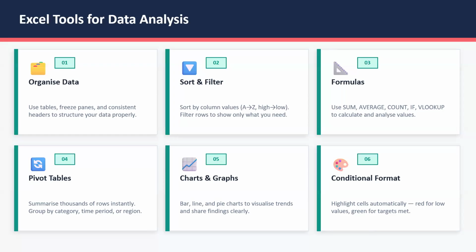You import your data, use consistent headers to structure your data properly, and then you filter or sort by column value, high to low, A to Z. You filter rows to show only what you need, and then use your formulas, sum, average, countif, lookup, to calculate and analyze your values.